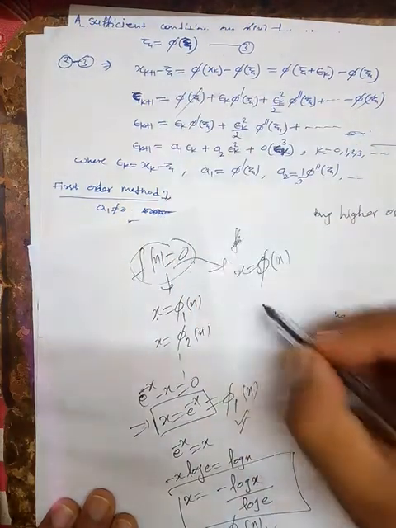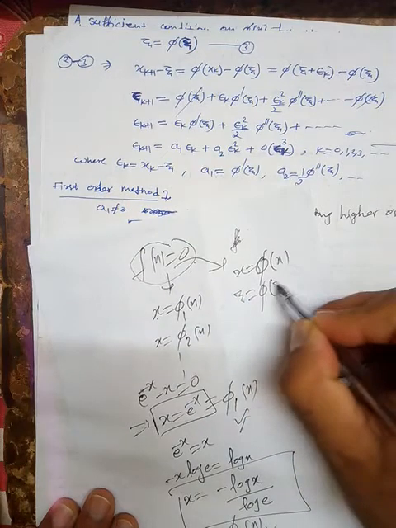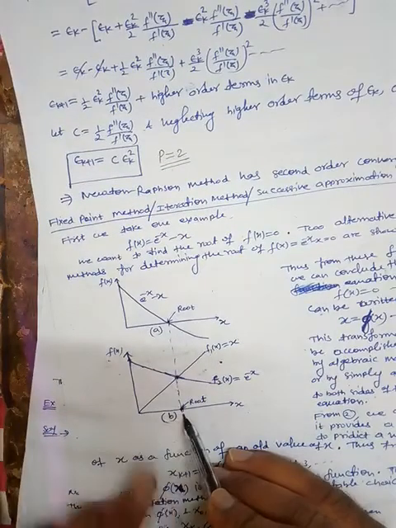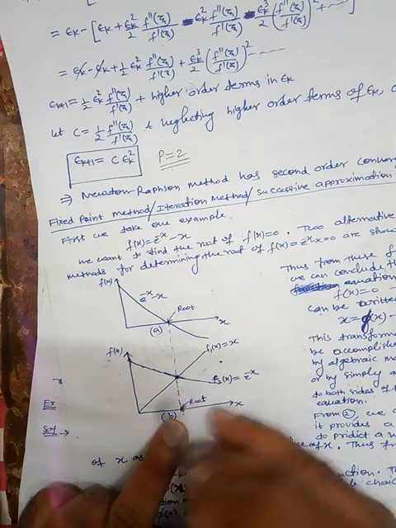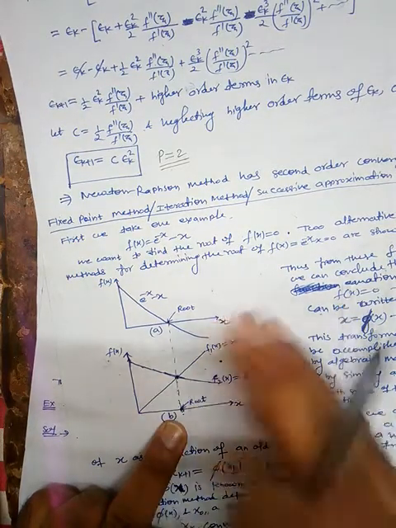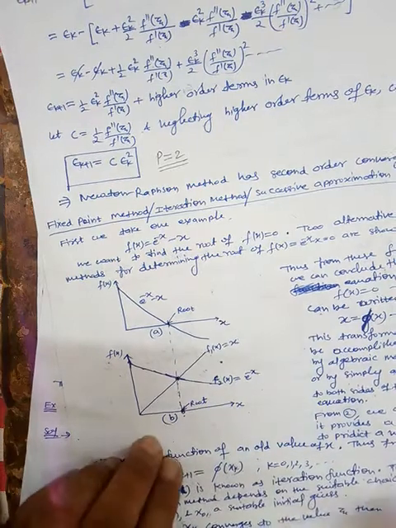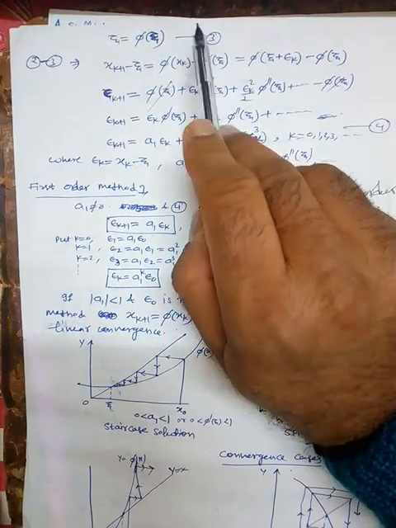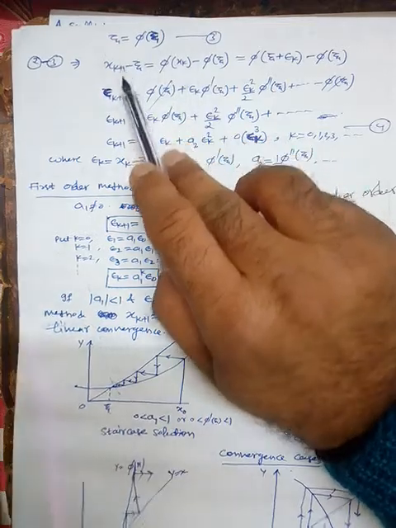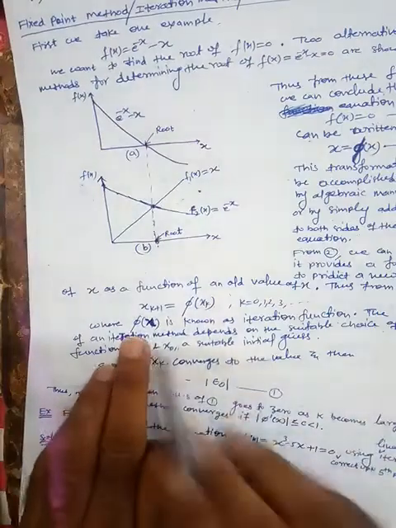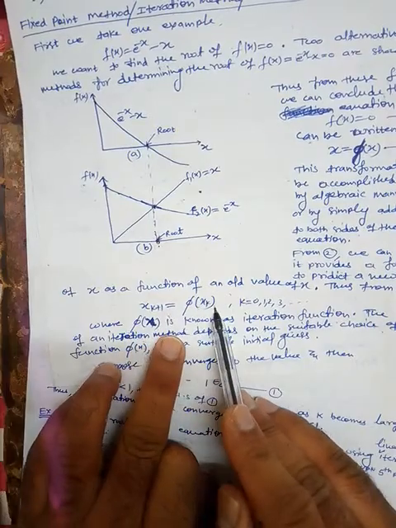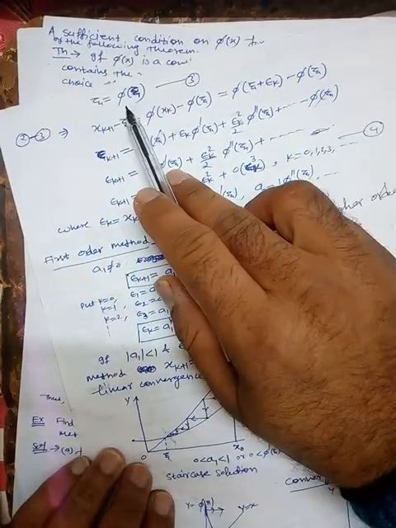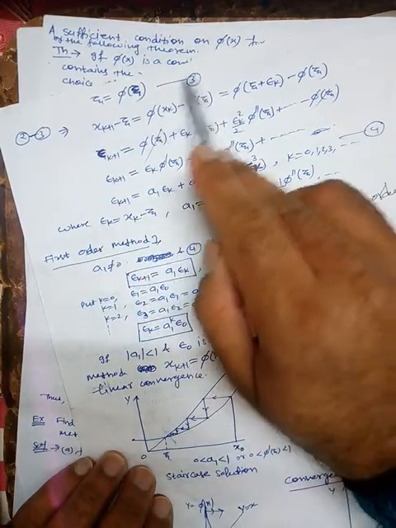So if xi is the root, then xi will also satisfy this, because graphically you have seen that if xi is the root, then at this point x and this function both will be the same. That's why this will be exactly satisfied, and hence we get this third equation. So now we will use this equation xk plus 1 is equal to phi of xk, and just subtract the third equation from 2.